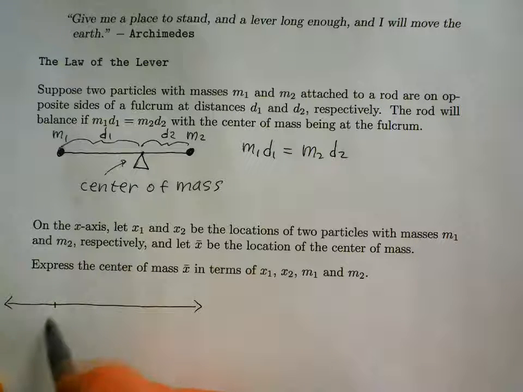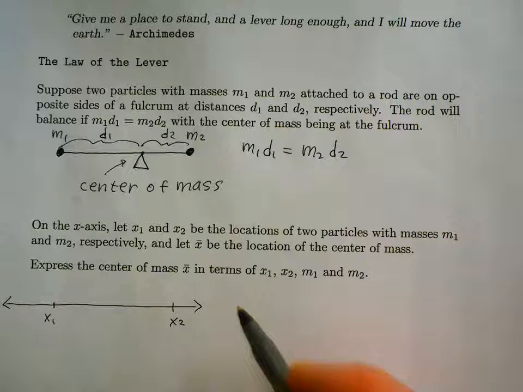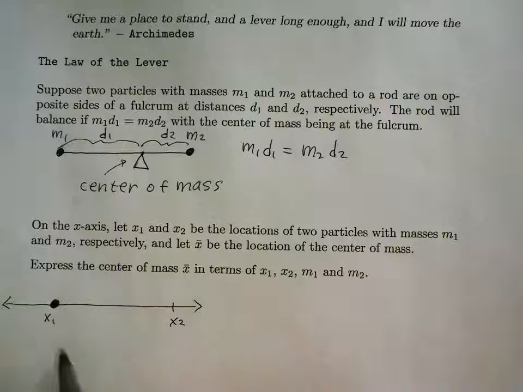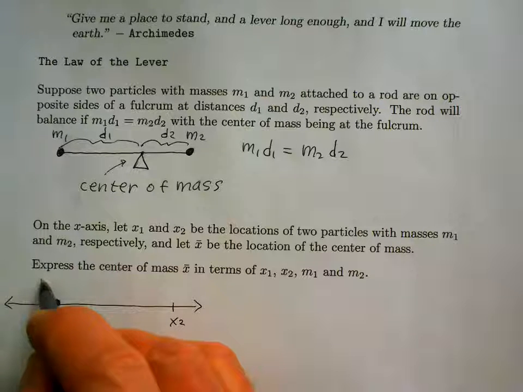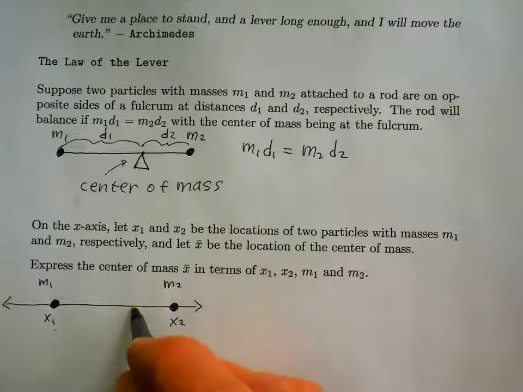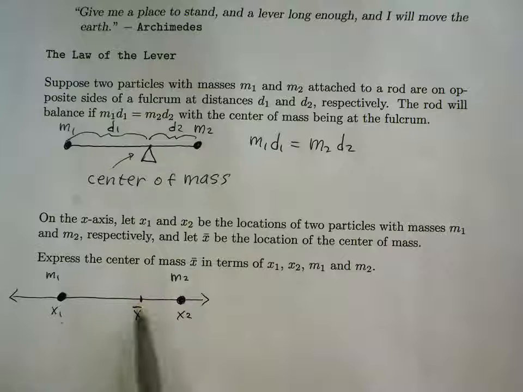We have a point x1 and a point x2. And at each of those points, we have a particle. This particle has mass m1, and this particle has mass m2. And the center of mass is x bar. So this is where the fulcrum would be.